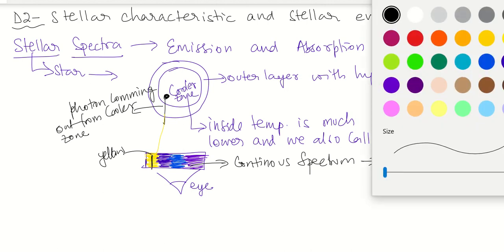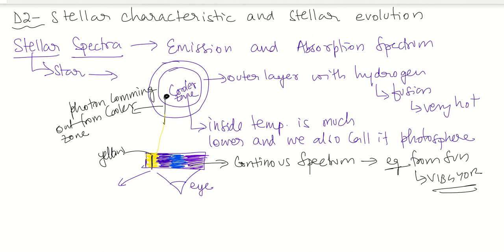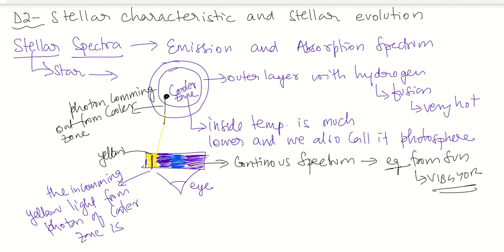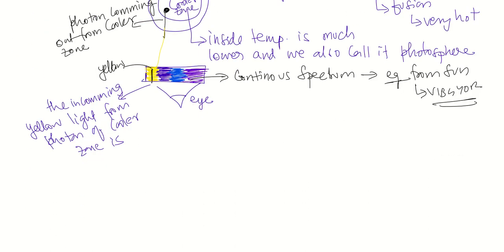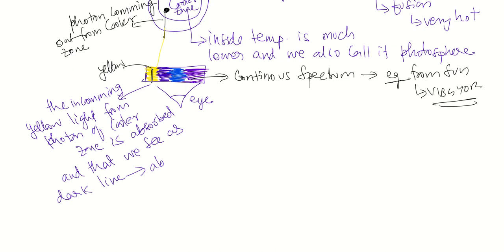So the incoming yellow light, the photon from the cooler zone, is absorbed, and that we see as a dark line. That is your absorption spectra.